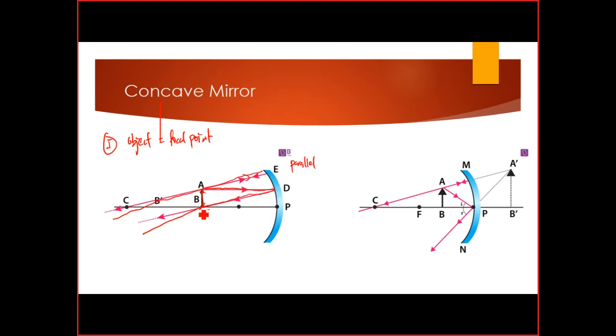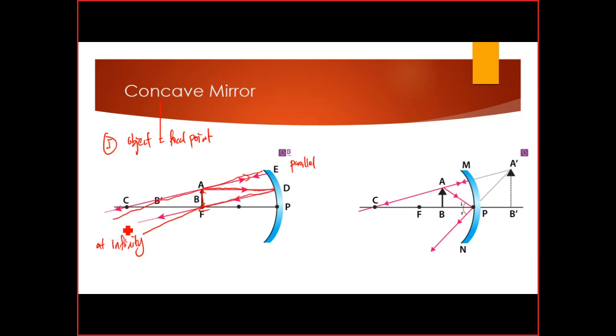So what kind of image can we make from this kind of situation? This is an image at infinity. The image will be at infinity. This one is rather absurd, because you cannot really get the image somewhere near our mirror. We can only obtain the image if the light ray goes to infinity.